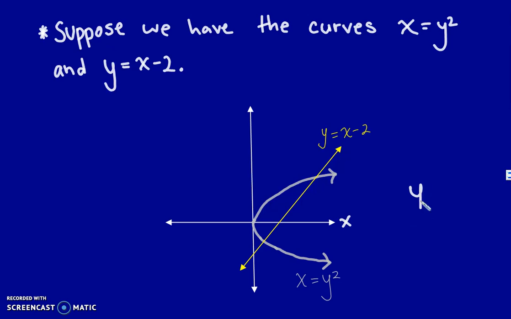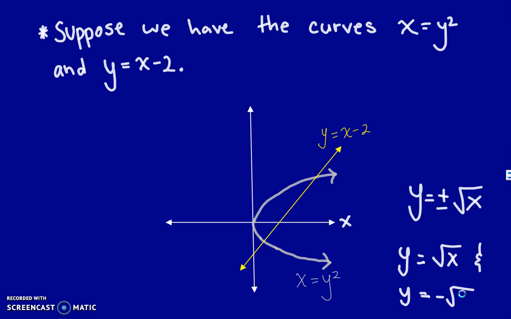So we now have y equals plus or minus radical x. We're going to have to deal with y equals plus radical x, and y equals negative radical x. And then we have to divide this into regions.